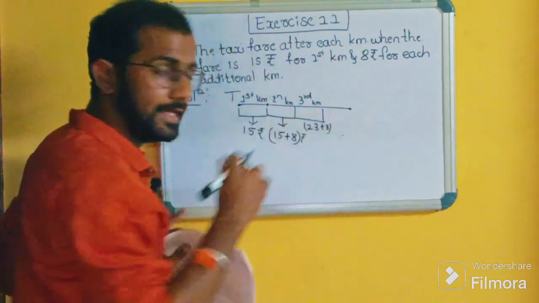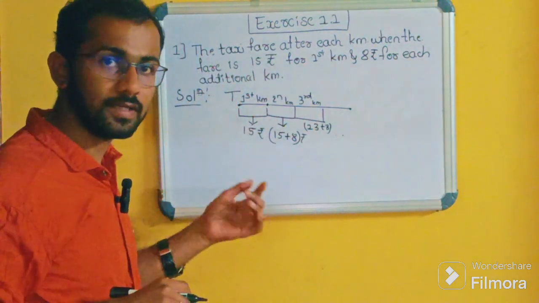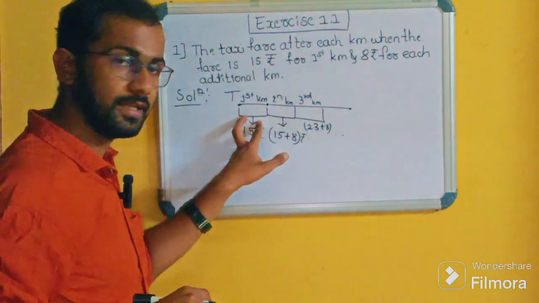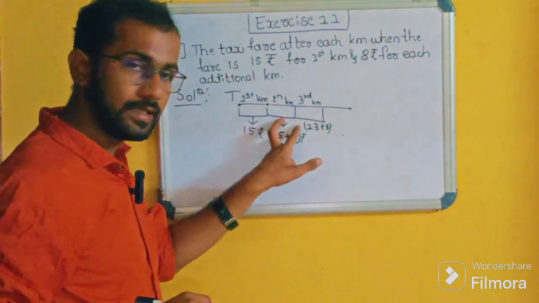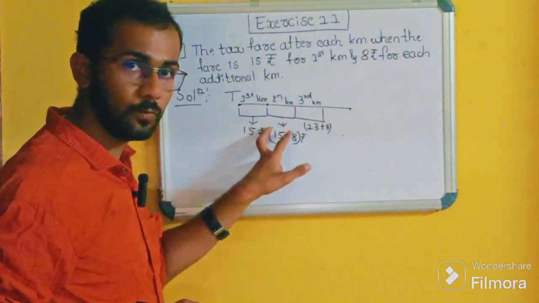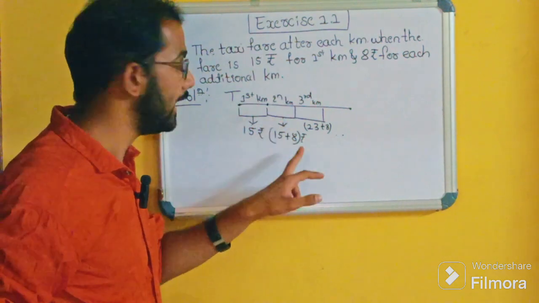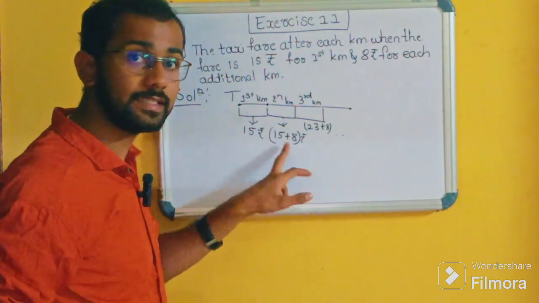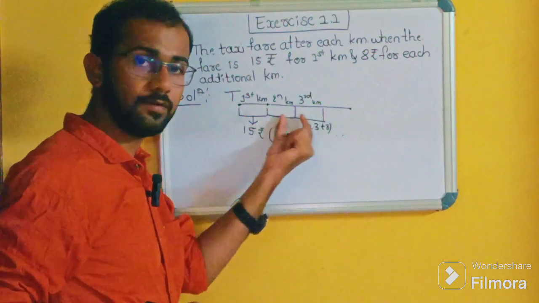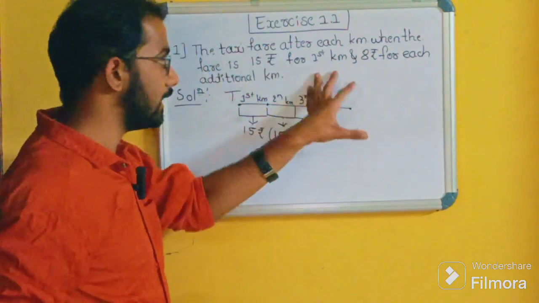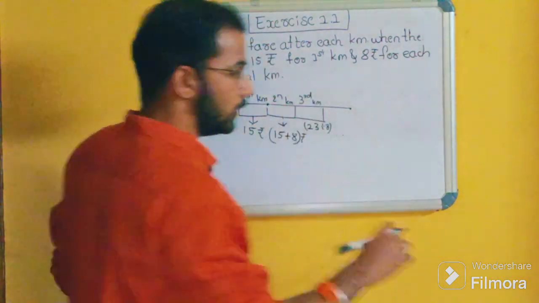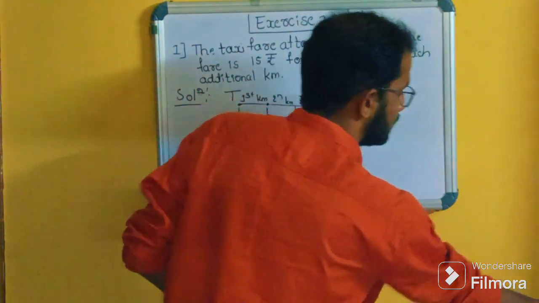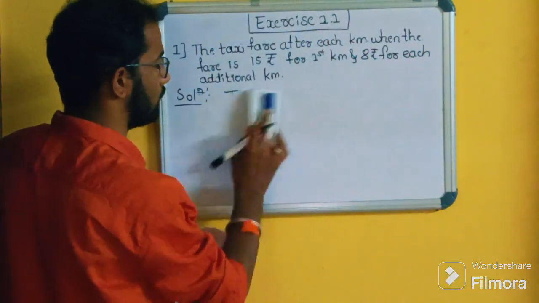Like this, if you travel more than 1 kilometer, above 1 kilometer, then you need to pay 8 rupees extra for each kilometer. So that is the question. Let's form a sequence through this sentence.